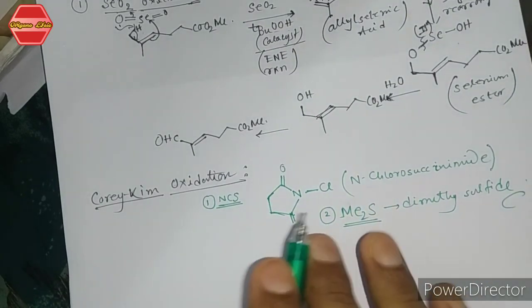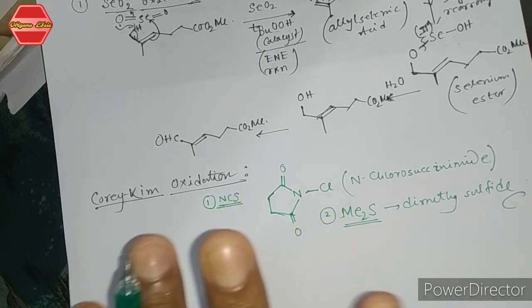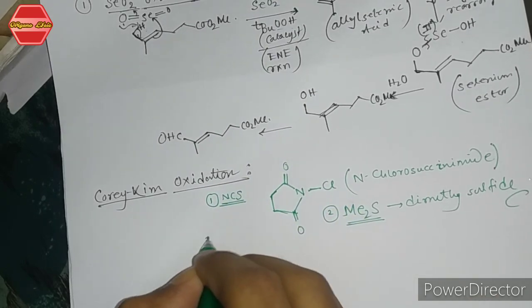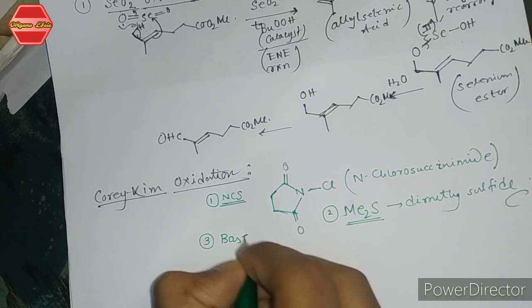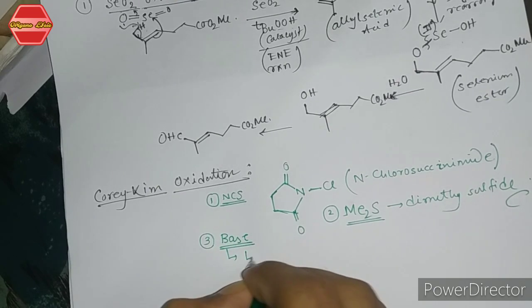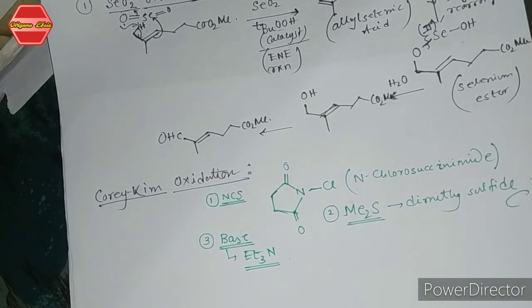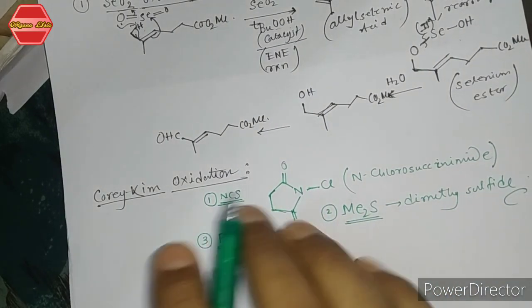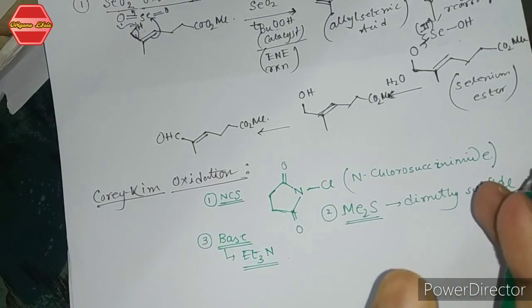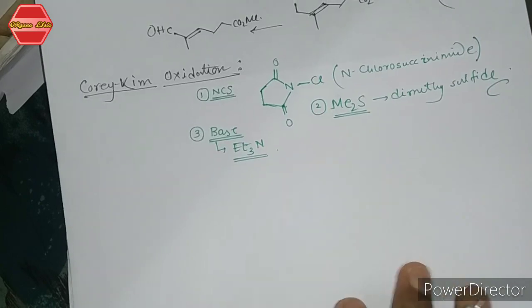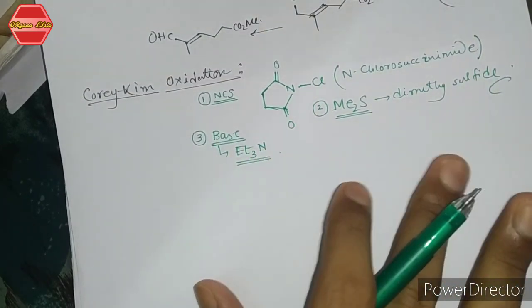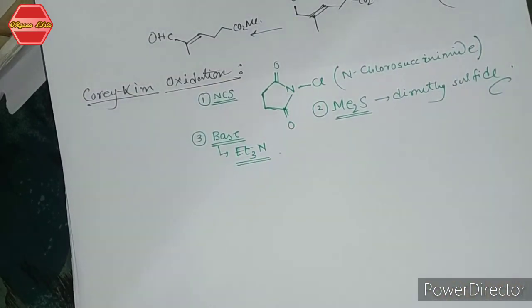And the important thing is that you have to put a base, like triethylamine. So you must put a base. If you do not put the base, then a different type of product will occur. I will explain all those things. Okay, so let's see how the mechanism proceeds.